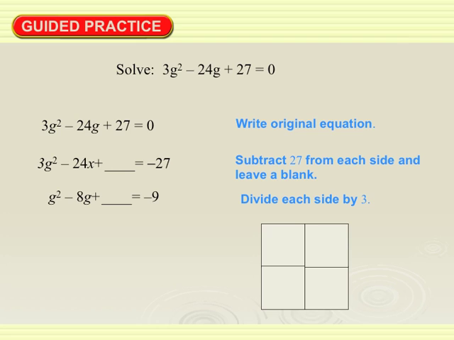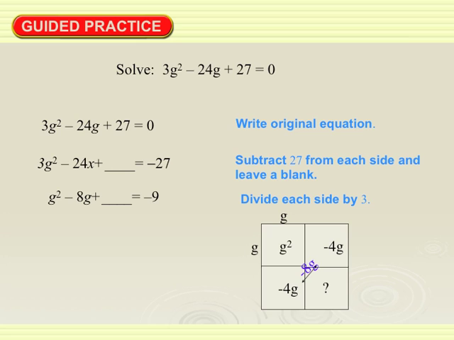I'm going to use a box to help me figure out what goes in the blank. Let's focus on the left-hand side of the equation. I know that the g squared goes in the top left box here, and the negative 8g has to be evenly split between the two corner boxes. I'm trying to figure out what has to go in the bottom right-hand corner. Well, if the negative 8g gets evenly split between those two boxes, it must be that negative 4g goes in each box.